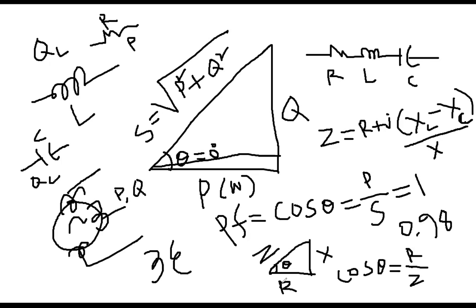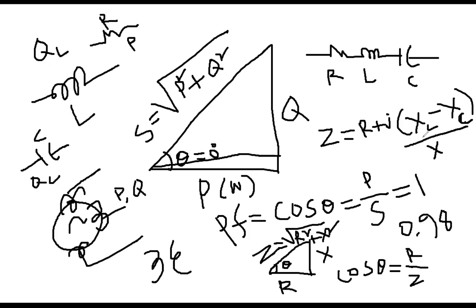Based on this triangle, this is R, this is X, and this is Z, because Z equals root over R square plus X square. So this is also the definition of the power factor, and you will get the same result by using this method and by using this method.